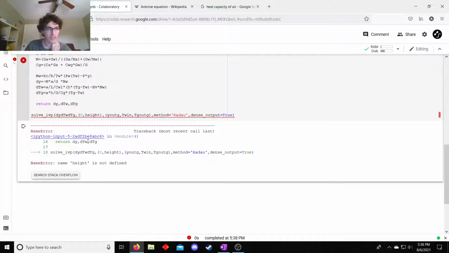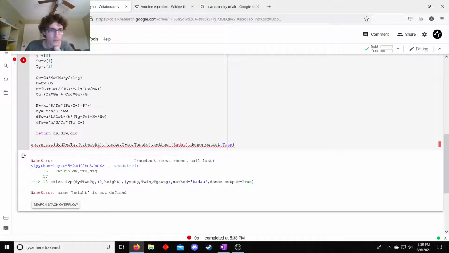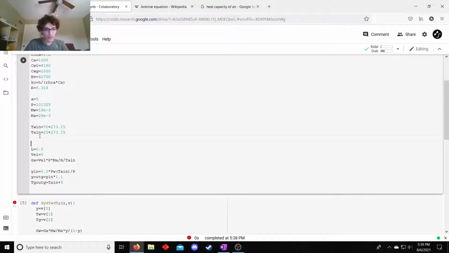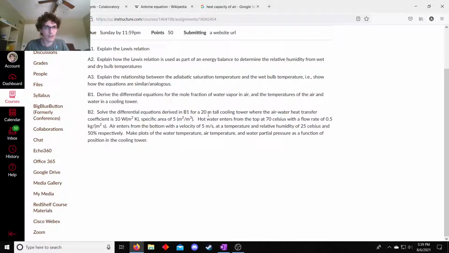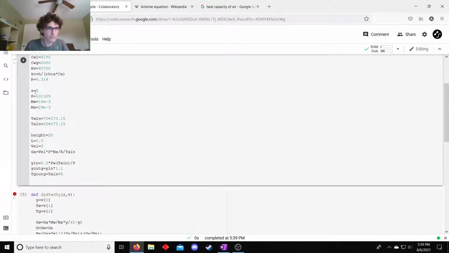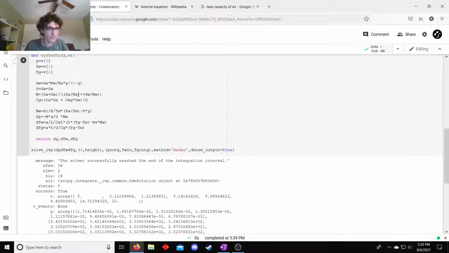So that's good. No, this is not good. Height is not defined. Right, okay. Height equals 20, because our cooling tower is 20 meters tall. Okay.